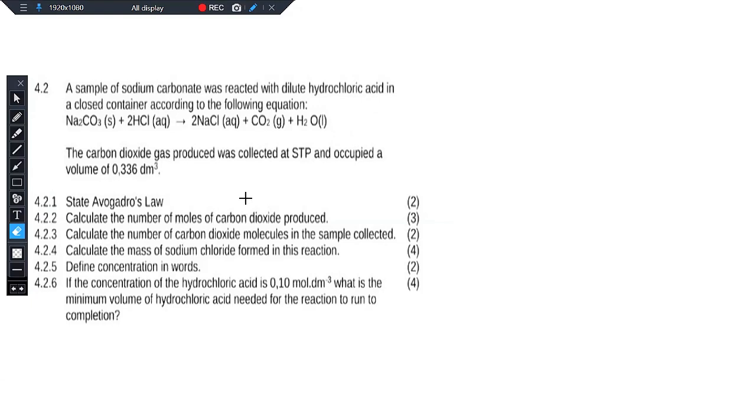It says calculate the number of moles of carbon dioxide produced for 3 marks. Now a 3-mark question, we know its formula, substitution, and the correct answer. So we always say that we should not lose a 3-mark question. We have already identified the formula that we should use. It's n = V over Vm. The volume we've been given is 0.336.